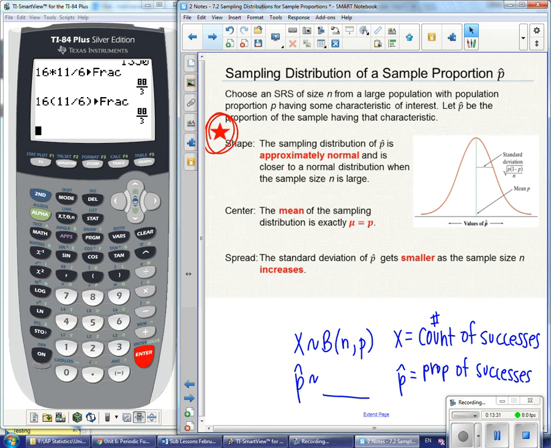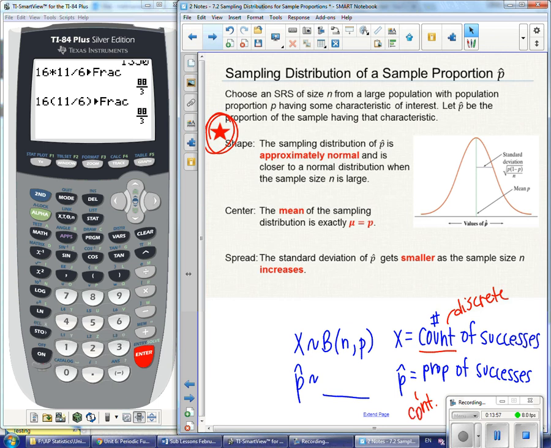The other thing you want to pay attention to is that if I'm dealing with a binomial distribution, the count of successes is a discrete random variable. Once I start looking at a proportion, now I'm looking at that fraction, which can be any decimal between 0 and 1. It becomes a continuous random variable. And so that's going to change. If I'm dealing with p hat, it's no longer a binomial distribution.